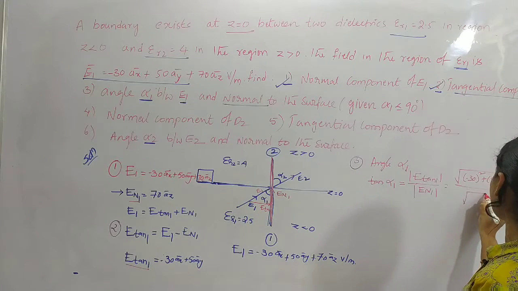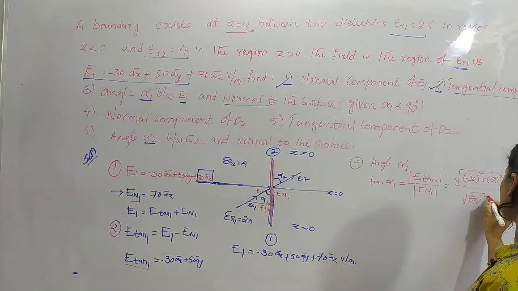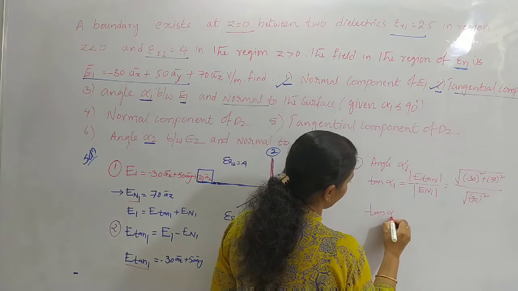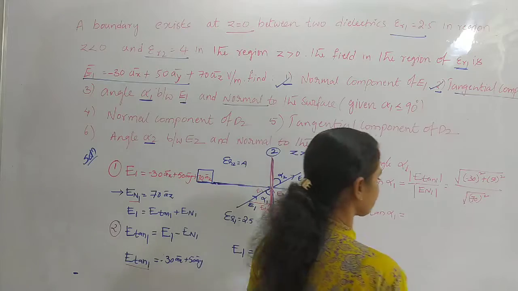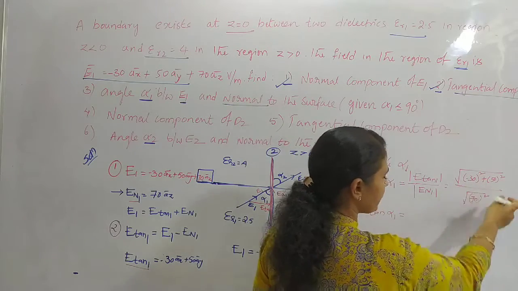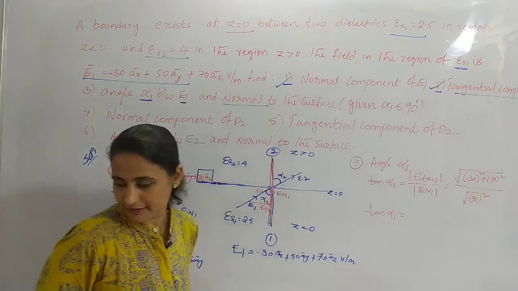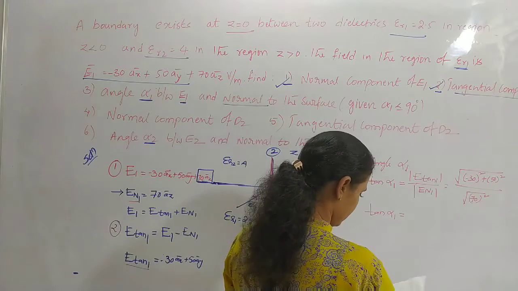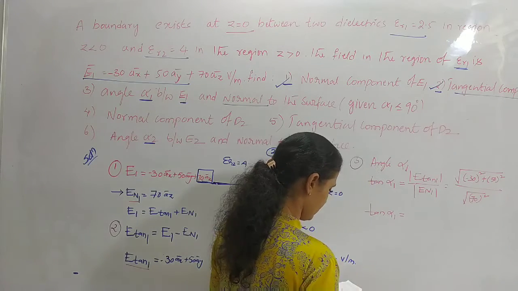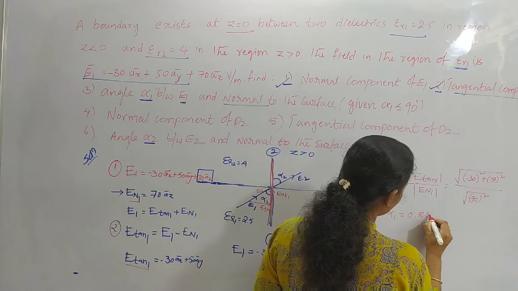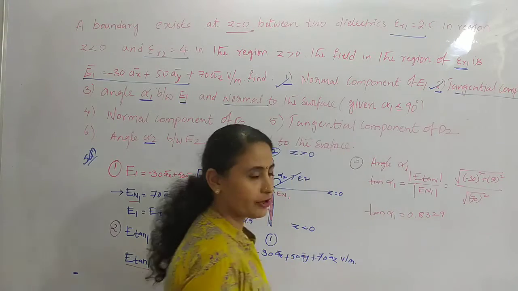If you simplify this, 900 plus 2500, you will get tan alpha 1 as 0.8329.